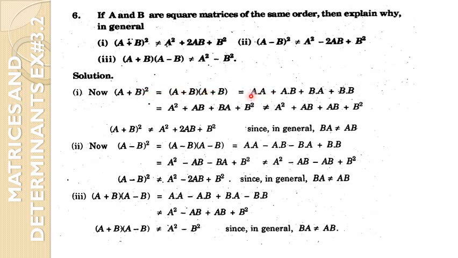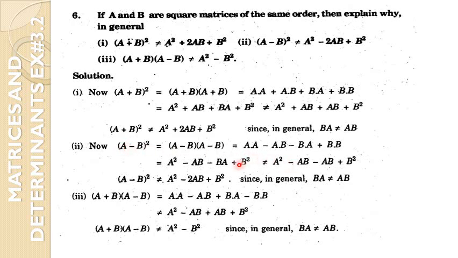Now a multiplied by a, a multiplied by b, b multiplied by a, plus b square, and ab is not equal to ba in general, because the commutative law with respect to multiplication does not hold, so that's why it is not equal. And the same as part 2.